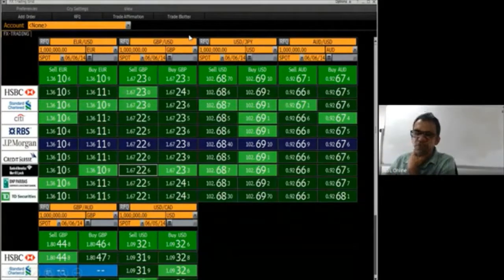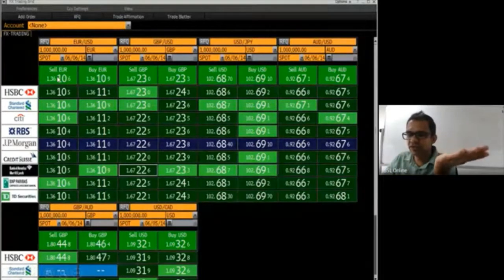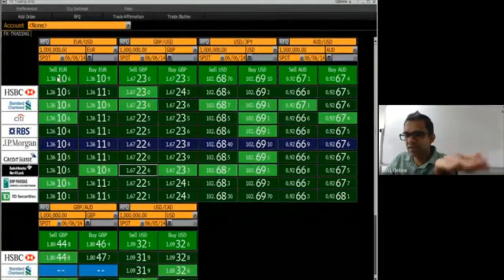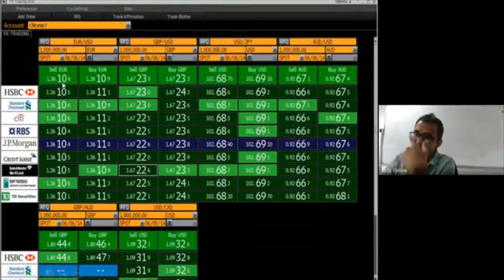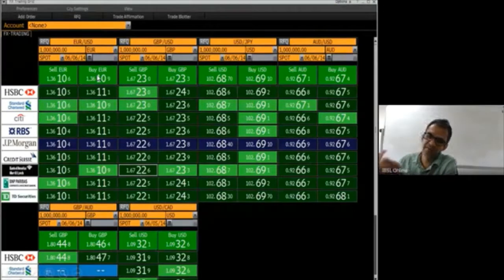You can see the full exchange rate applicable, whether you sell on this side or buy side, everything is given as a market taker. If you click on this figure, you are selling. If you click on this figure, you are buying. Straightforward, very easy.